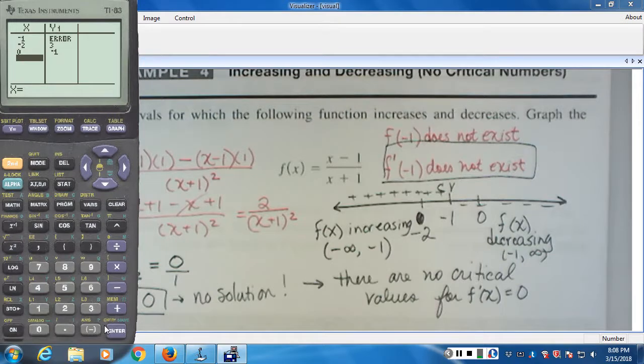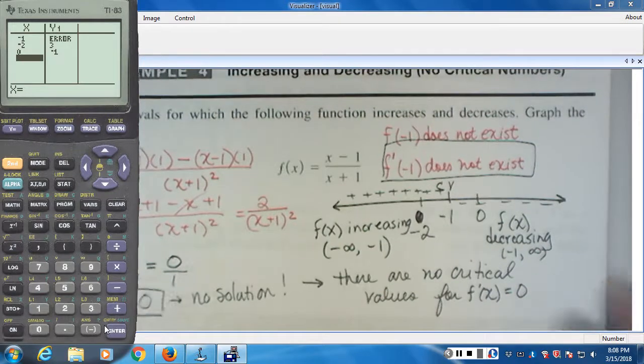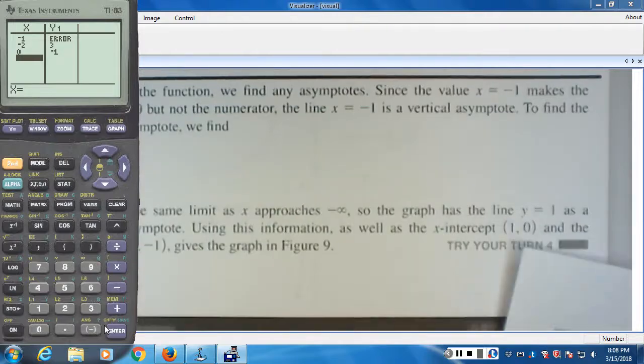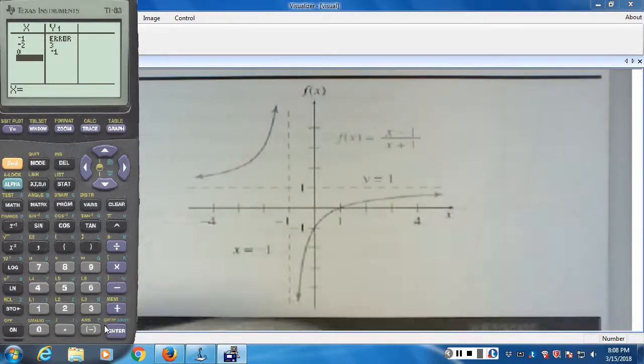So it actually shouldn't surprise us when our graph looks like this, because we said in the beginning that it's one of those rational functions that does that weird behavior around negative 1, the asymptote. We could have plotted a few more points.